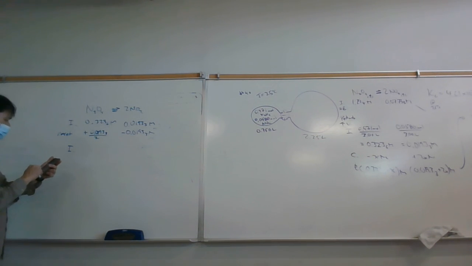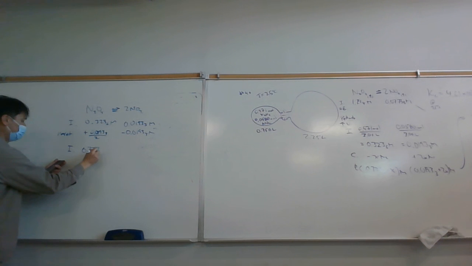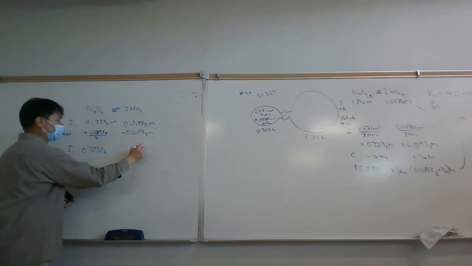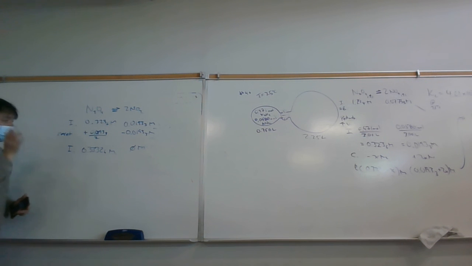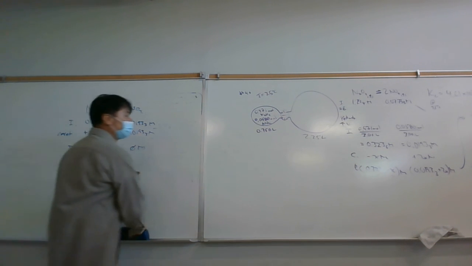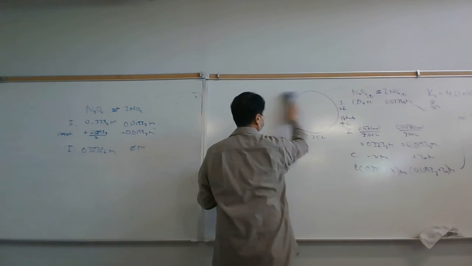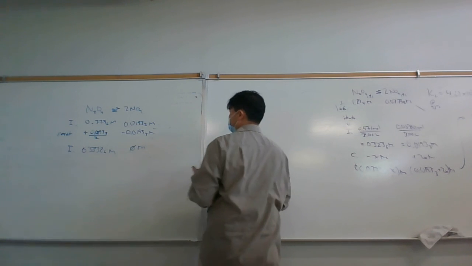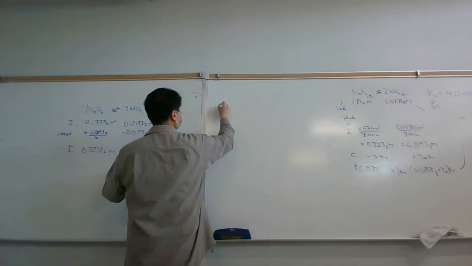Let me try that again. 0.01933 divided by 2 plus 0.3236. So I got 0.33326. Okay, then we just plug this in over here to our K.